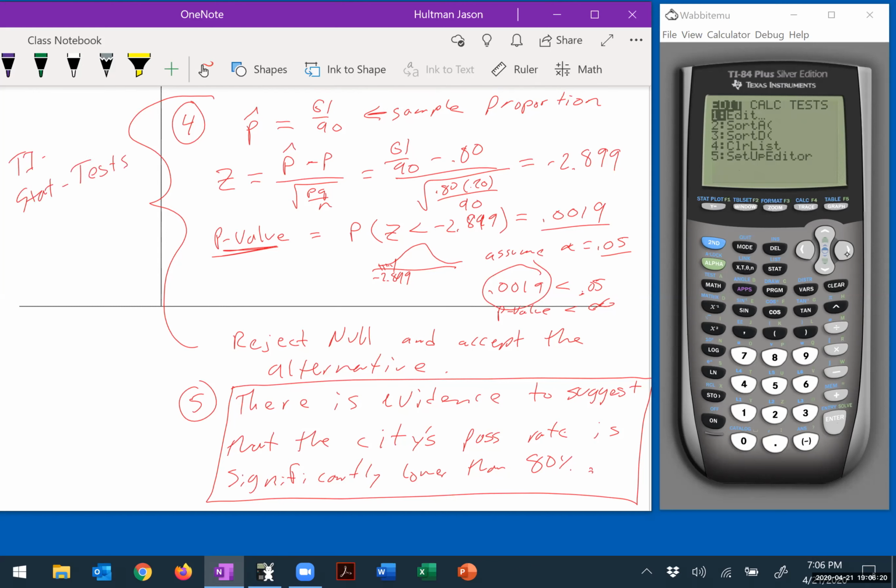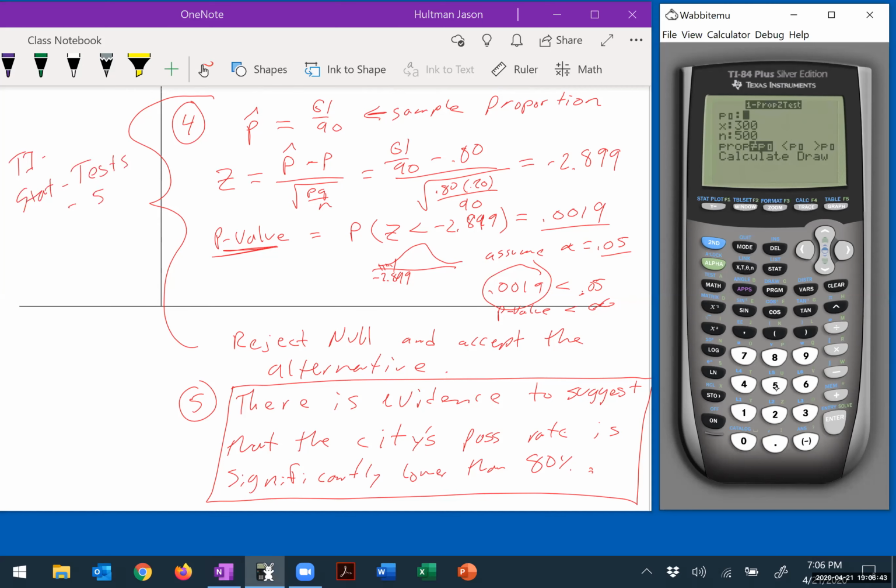Tests is hypothesis test. Well, that's nice. Then we're going to do 5, which is a 1 prop Z test. Look at that, it has 1 prop Z test right there for me. That's kind of cool.